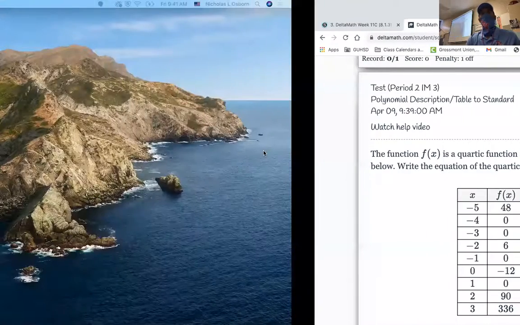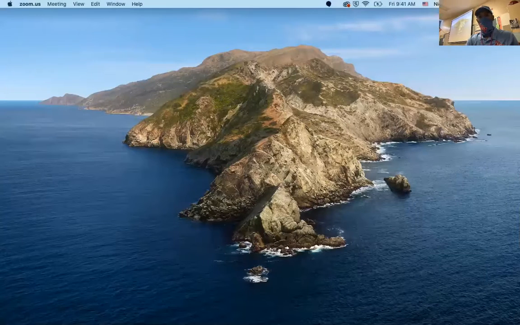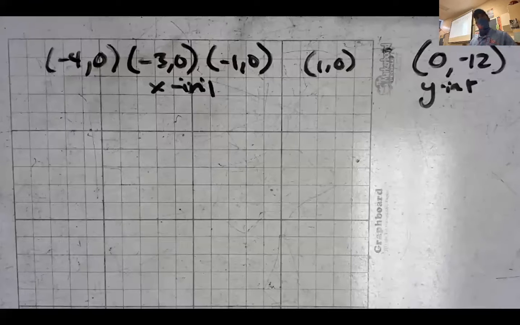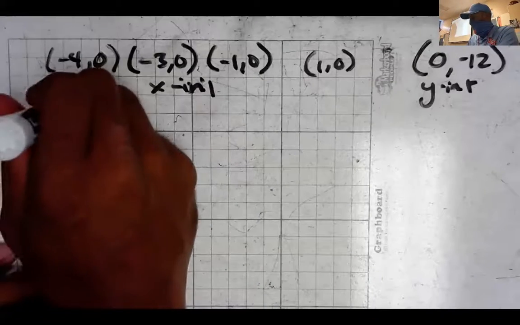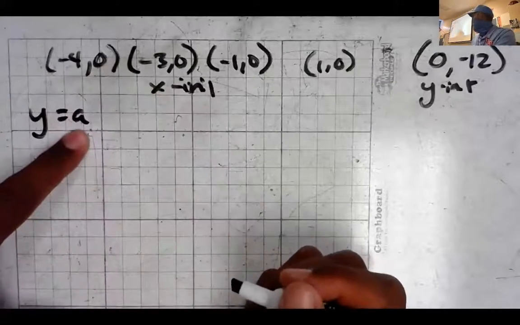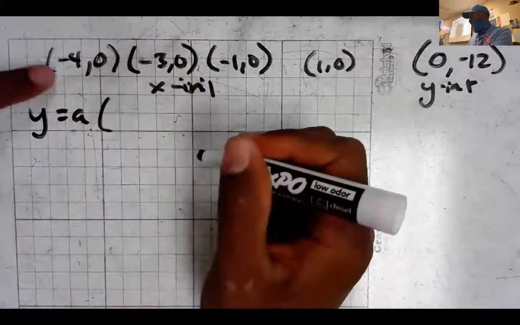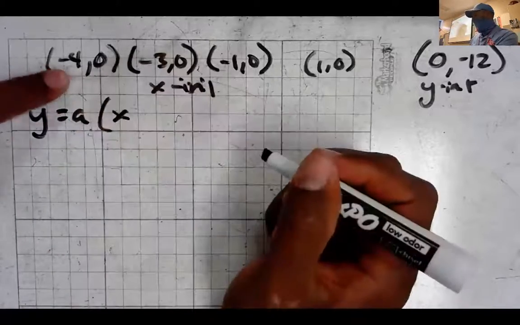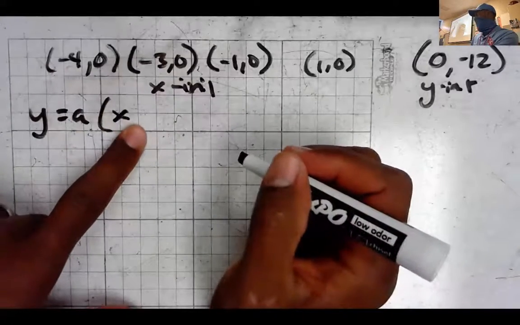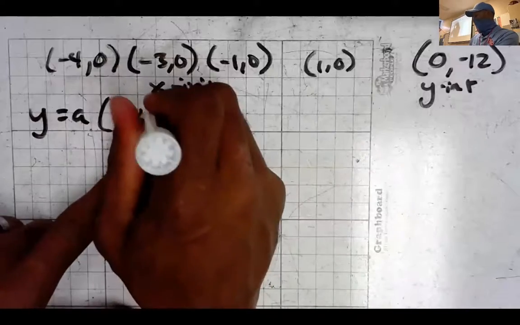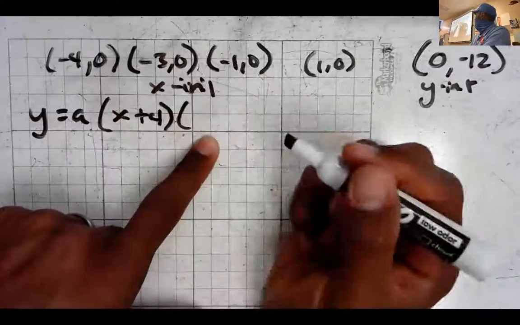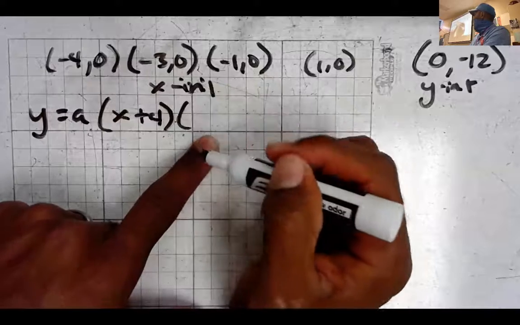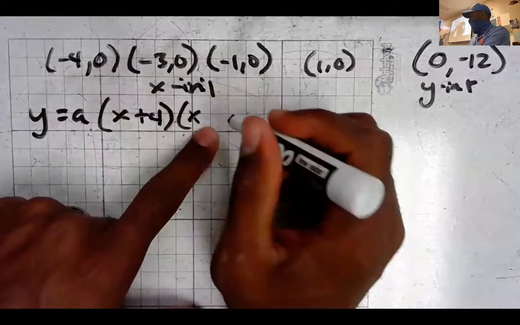Okay, so let's flip on over. We got 4 x-intercepts. So first, let's set up our equation. Y equals a. Remember, start with a, your stretch factor. For -4, I put x what? Okay. Rodriguez, Giselle, what would I put for -3? Plus or minus?